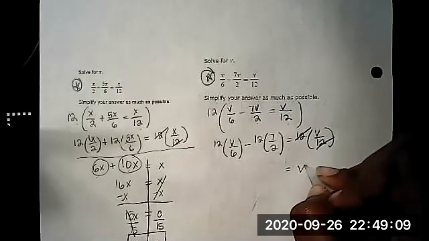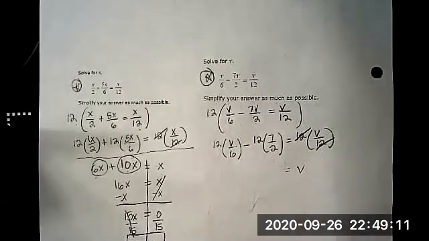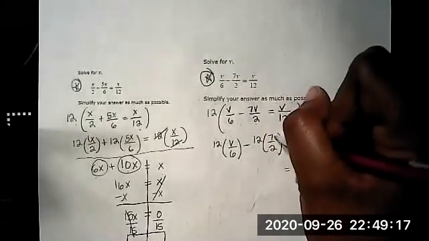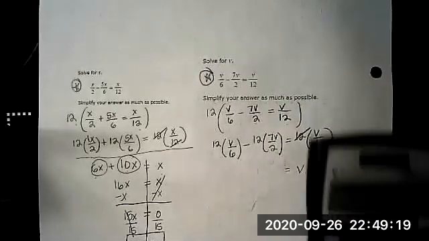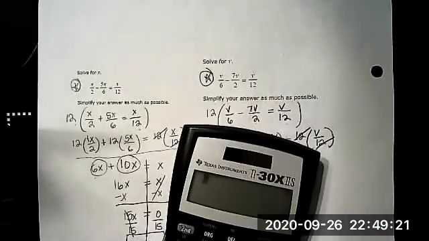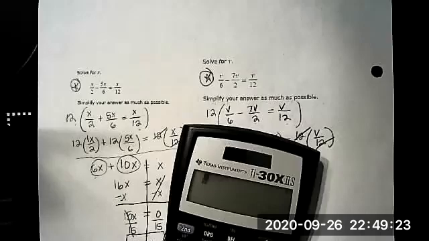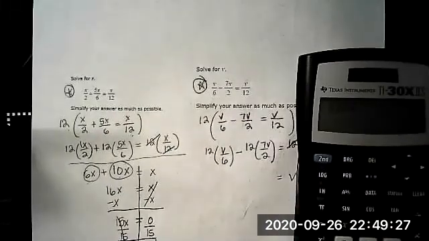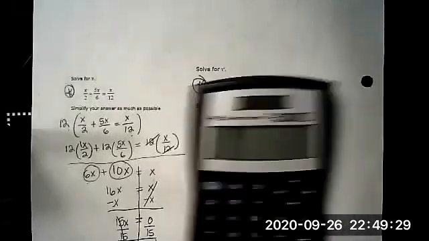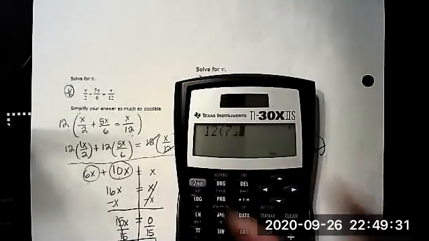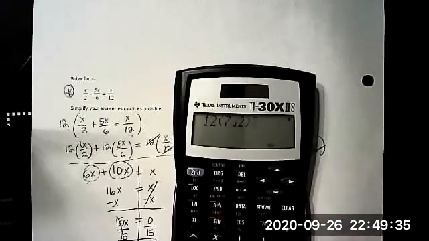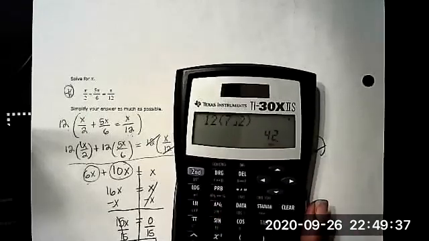So then you'll have the V here. So let's put this in our calculator. Oh, sorry, I missed out on that V up there, okay? But let's put this in our calculator. We'll have 12 times, looks like 7 divided by 2, and I'm going to use that backwards L, the ABC, okay?